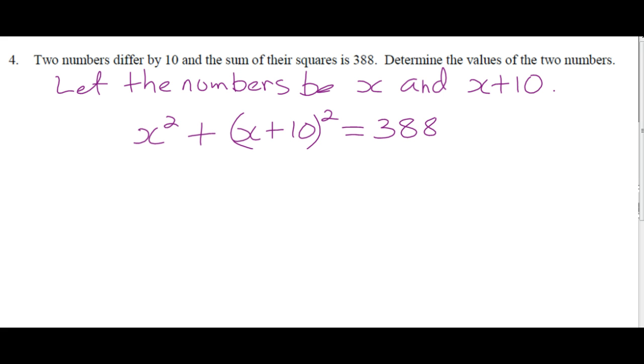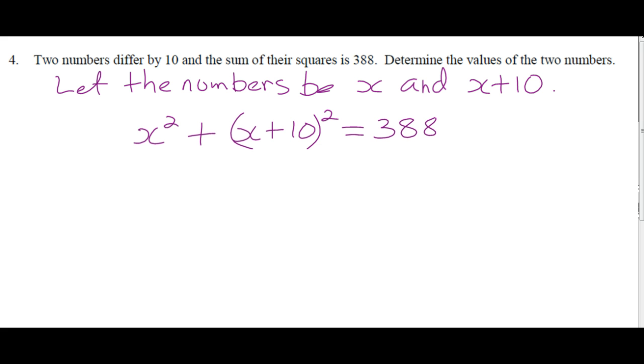Sum is add, product is multiply, quotient is divide, difference is subtract. Okay? So this is easy, right? The sum of their squares. So I've got to square them. And the x plus 10 is a quantity, so it goes in brackets, right? Because it's not really x plus 10. It's really 15. If that's 5, this is really 15. So I want to square 15, not square the 10.